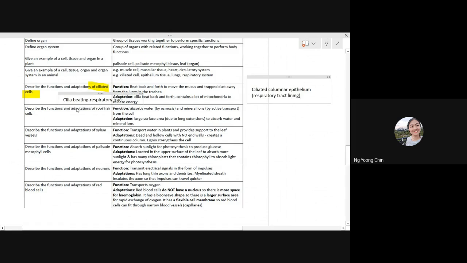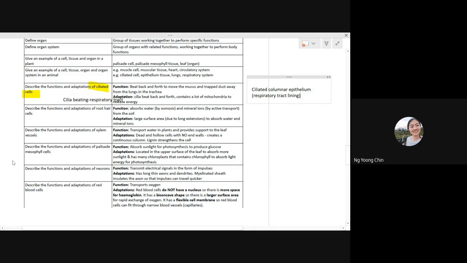So what is meant by cilia beating? Cilia beating is like moving forward, backward, forward, backward. So why they need to move like this? Because they are helping to move the mucus. Okay, mucus is just like the sticky yellowish substance which is produced from your nose when you are sneezing. Those are mucus. So the mucus, they will help to trap the dust away from the lung in the trachea.